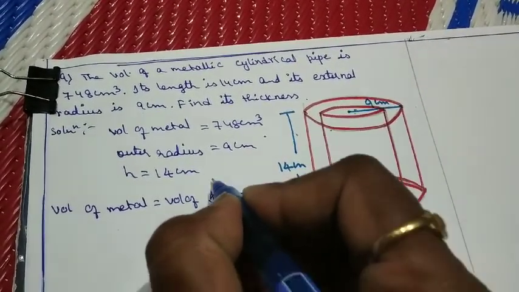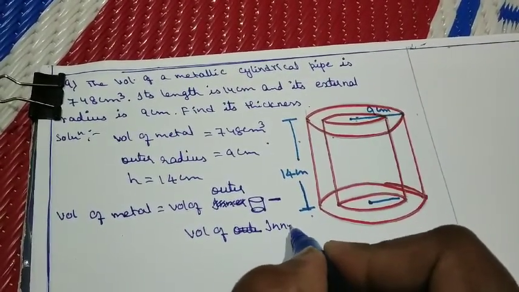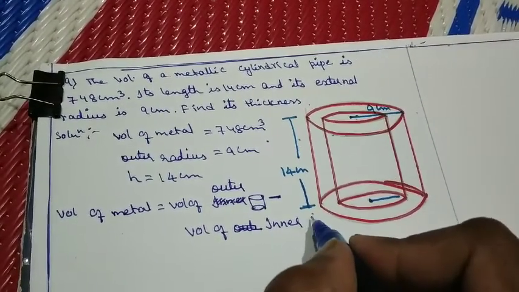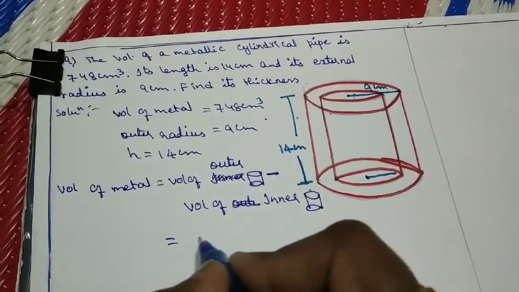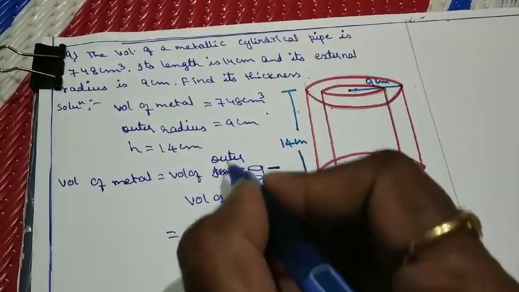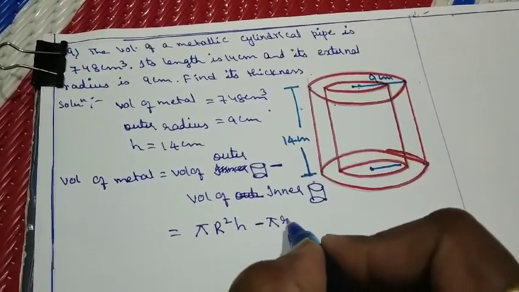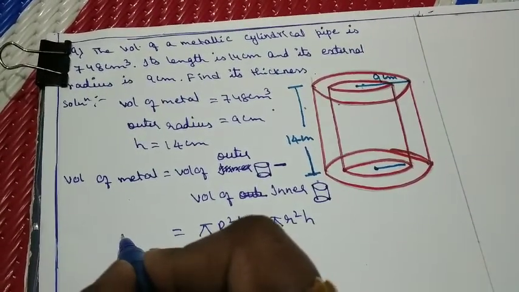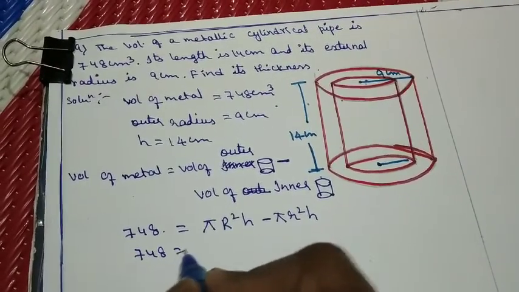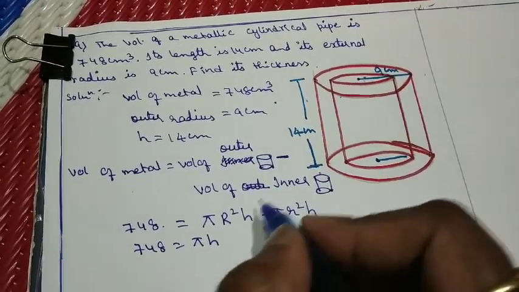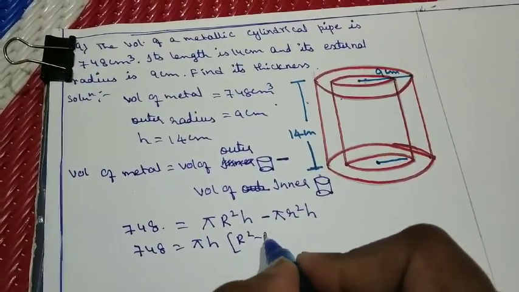You need to write volume of outer cylinder minus volume of inner cylinder, because outer cylinder is having external radius, big radius, so we get positive there, which equals pi, outer radius I'll give capital R, pi R square h minus pi r square h, and here the volume is given 748. Then 748 equal to, here pi h I'll take common because h is from the same cylinder, height remains same, and R square minus r square.